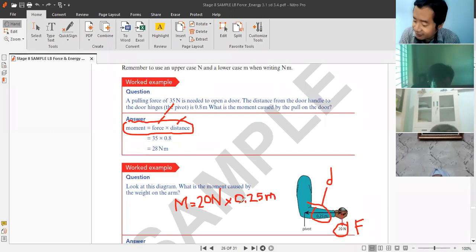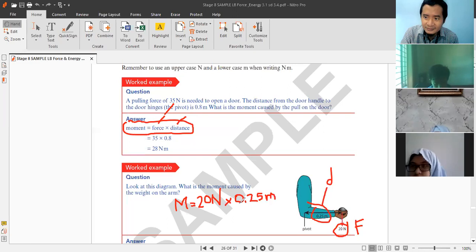What is the result? 5 newton meters. Okay, good. So the result is 5. Don't forget to write the unit newtons in uppercase and meter in lowercase.